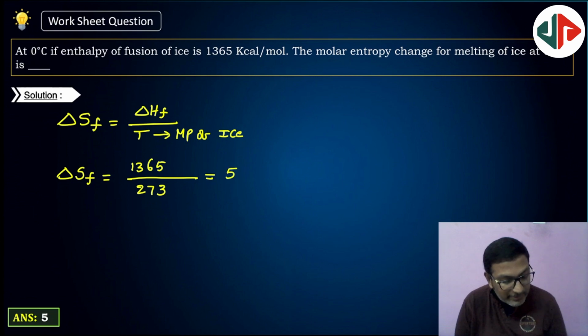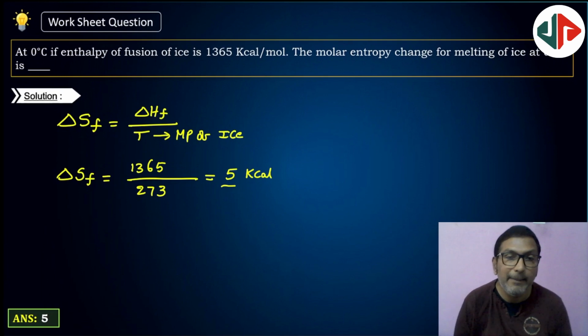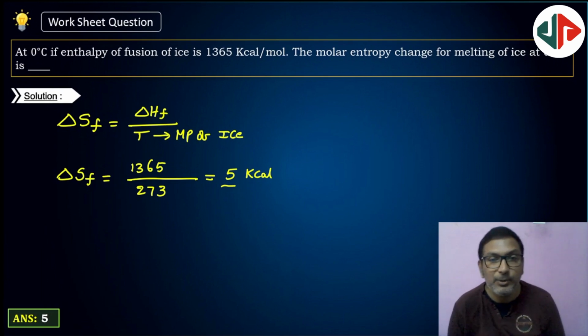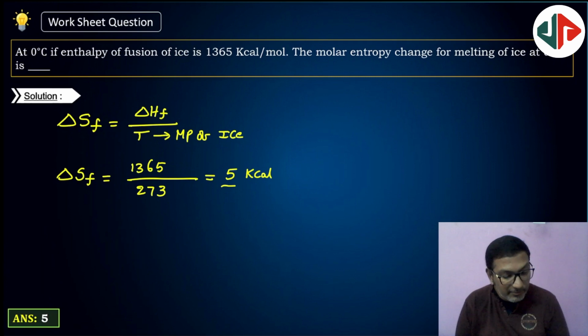The value is 5 kilocalories. Therefore, 5 will be the answer. Answer 5. Simple question only. Delta H fusion by melting temperature. Melting point of ice, 0 degrees centigrade, 273 kelvins. So answer 5.